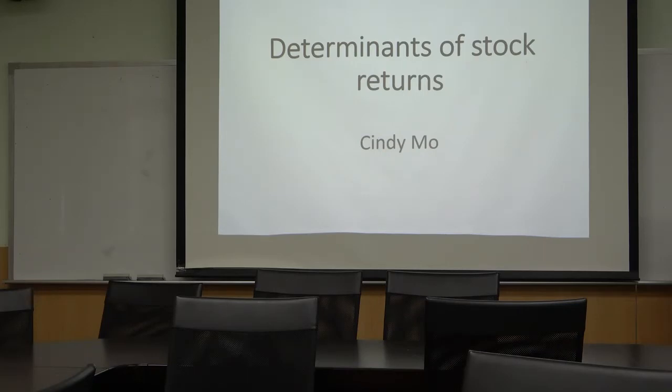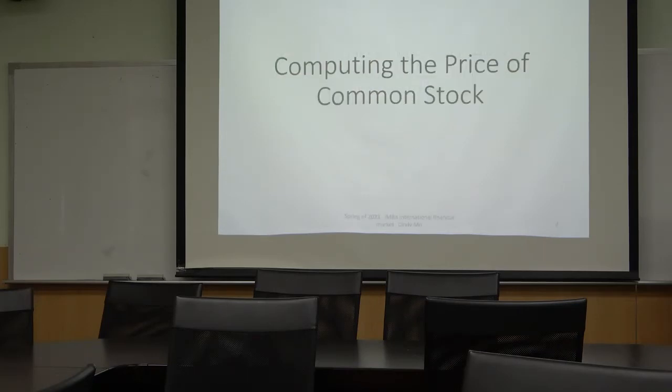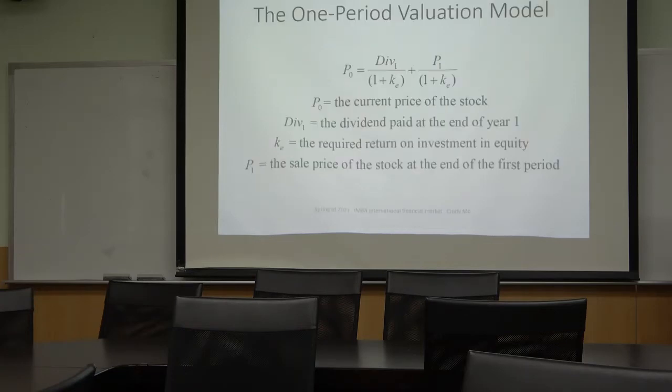Okay, so today I have shown you some factors that might explain the stock return. Before that, I would like to show you the stock price model. How do we compute the price of a common stock? This is the 1 period valuation model.